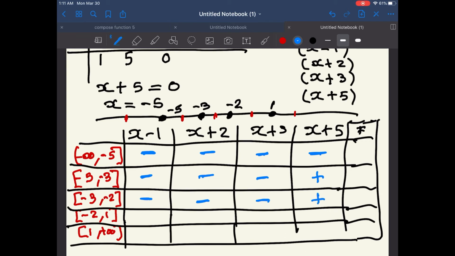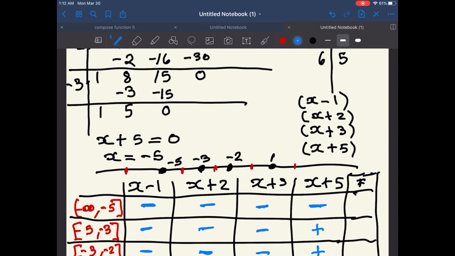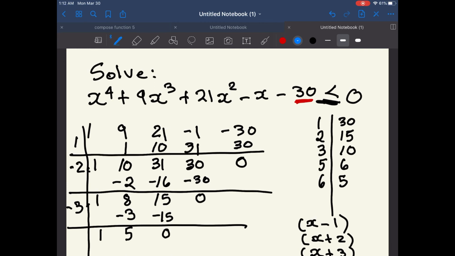Between negative 2 and 1, you can select 0. 0 minus 1 is negative, 0 plus 2 is positive, 0 plus 3 is positive, and positive. And greater than 1, you select 2, all positive.